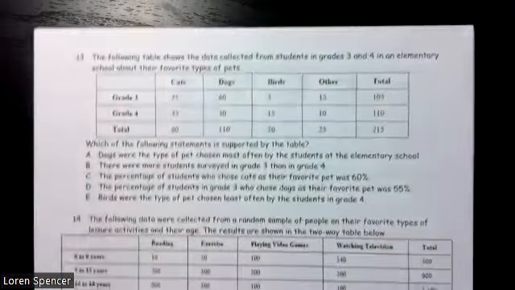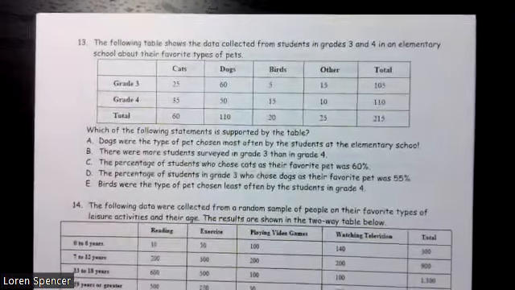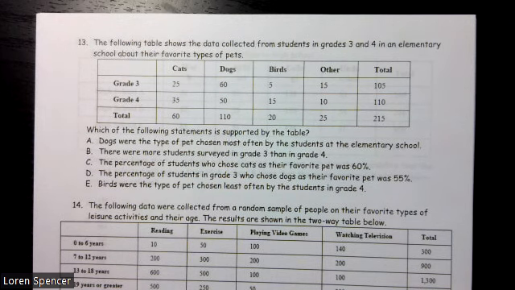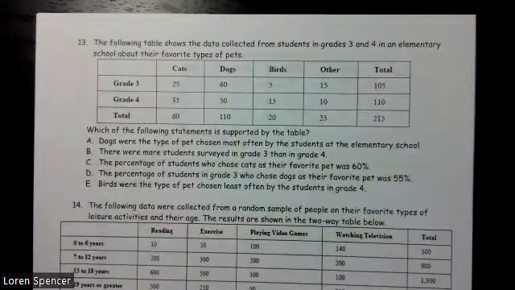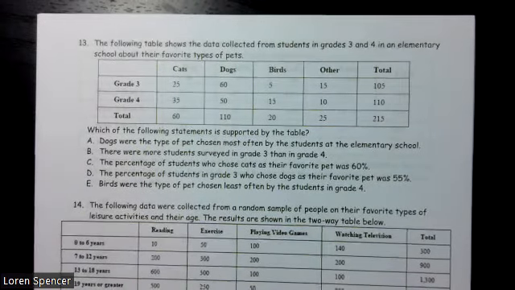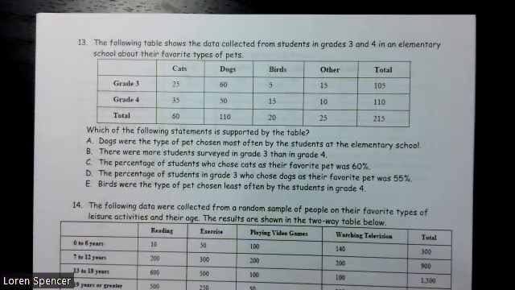All right, number 13. The following table shows the data collected from students in grades 3 and 4 in elementary school about their favorite pets. Which of the following statements is supported by the table?